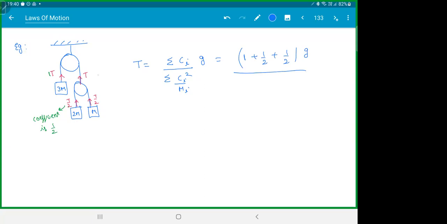The coefficient of the first tension is 1, mass is 3m. Second is half, mass is 2m. The third is half, mass is m. So that would be 2g by, this would be 1 by 3 plus 3 by 4. M will go up. That will be 24 mg by 4 plus, I goofed up somewhere.